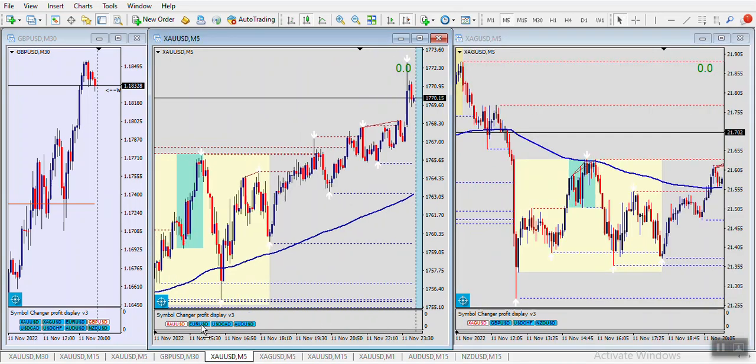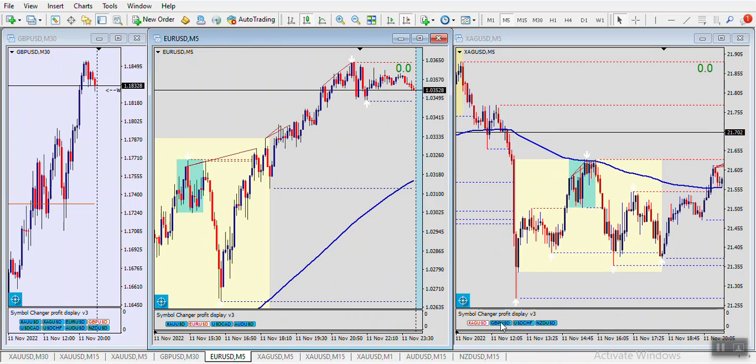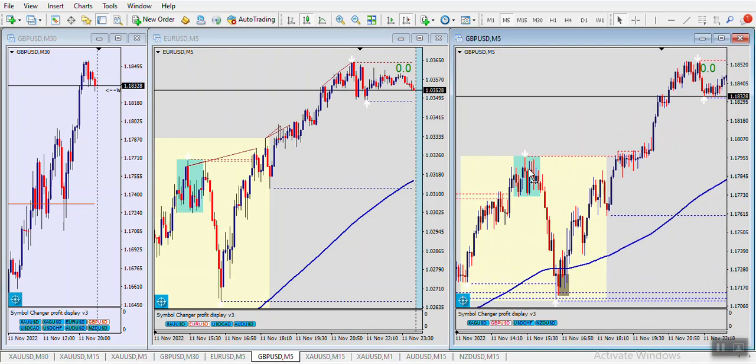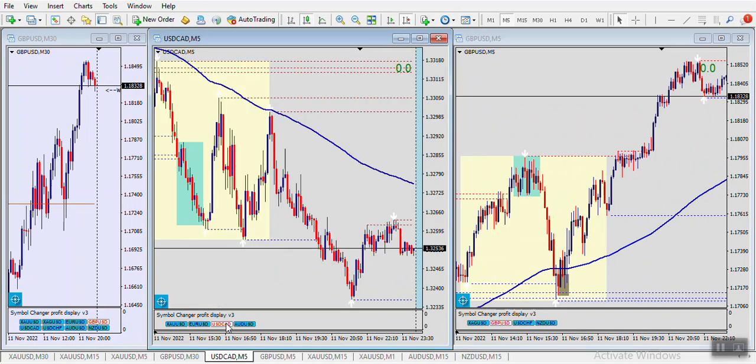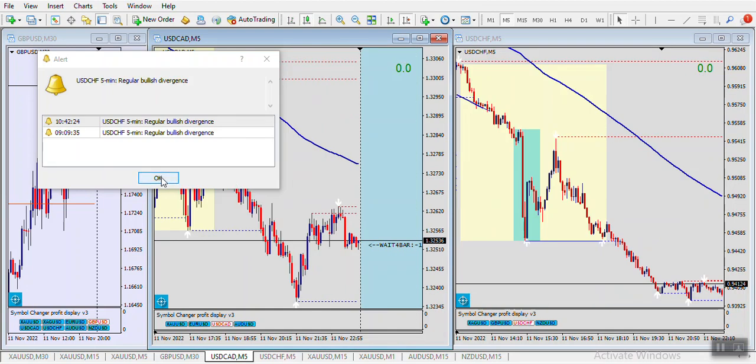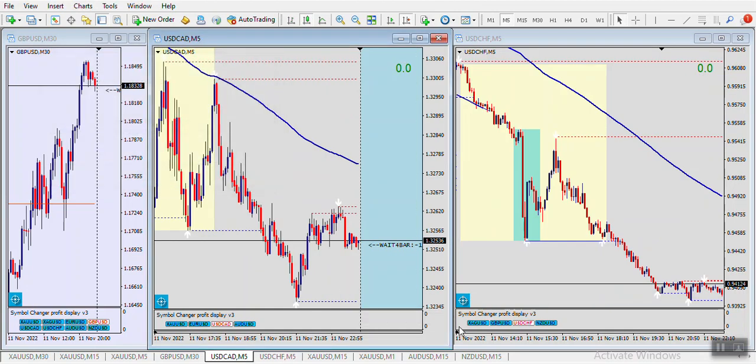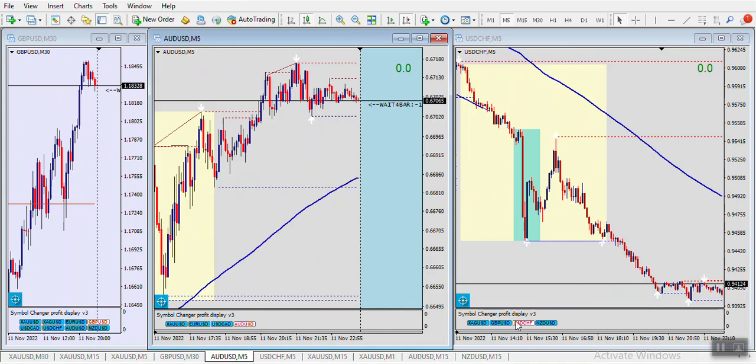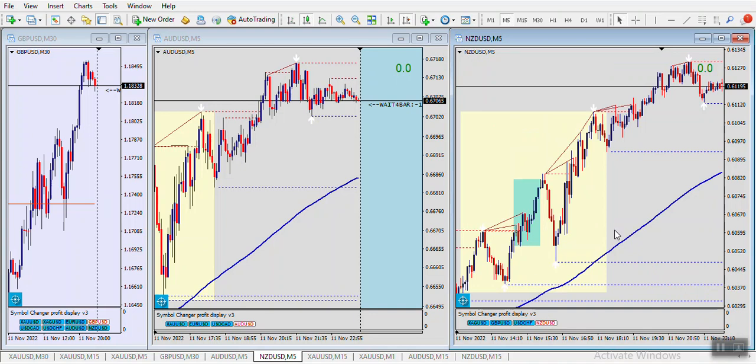I compare EURUSD with GBPUSD as correlated pairs, and I compare USD CAD with USD CHF as correlated pairs. Then I also compare AUD/USD and NZD/USD as correlated pairs.